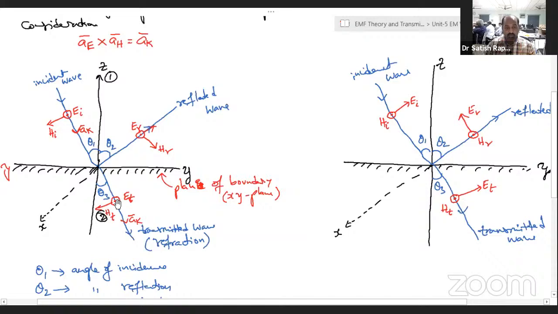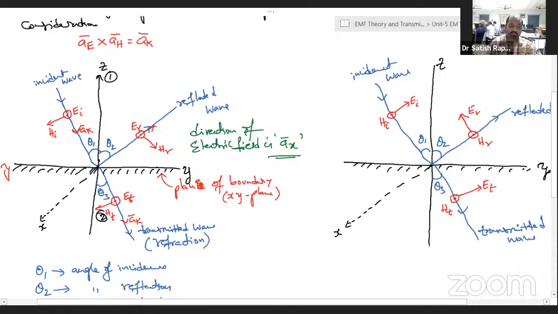The direction of electric field is ax bar.